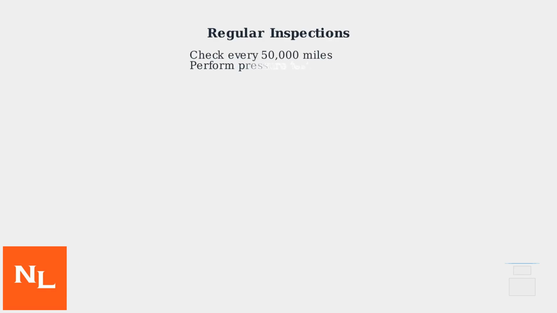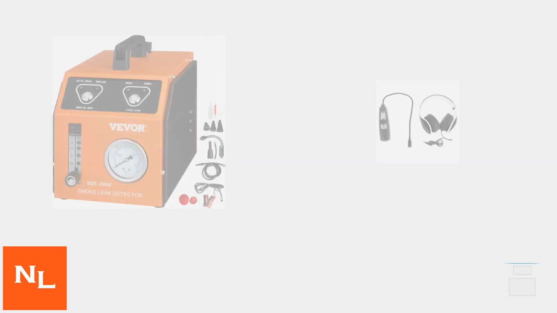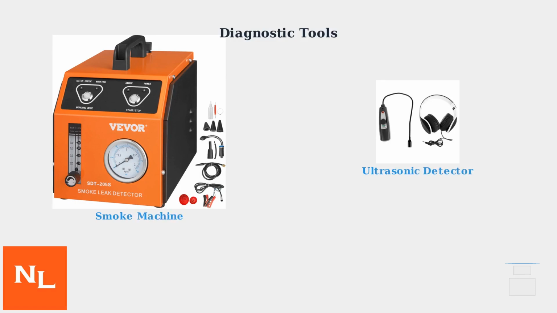Regular inspections are key to catching intake manifold gasket issues early. Check the gasket visually every 50,000 miles for cracks or deterioration, and perform pressure tests to identify vacuum leaks before they cause major problems. Use specialized diagnostic tools to pinpoint leak locations accurately. Smoke machines introduce harmless smoke that reveals vacuum leaks, while ultrasonic leak detectors pick up high-frequency sounds from escaping air.